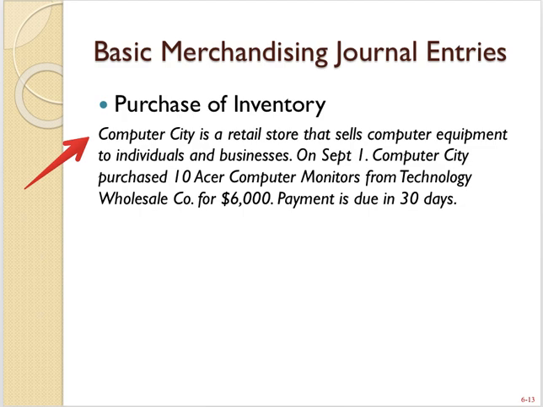On September 1st, Computer City purchased 10 Acer computer monitors from Technology Wholesale for $6,000. Payment is due in 30 days. Now let's do a little bit of transaction analysis.